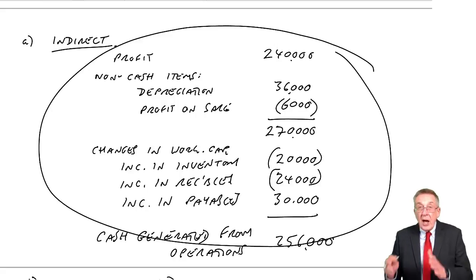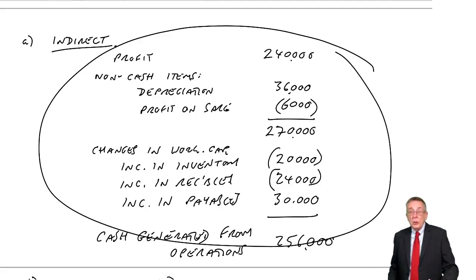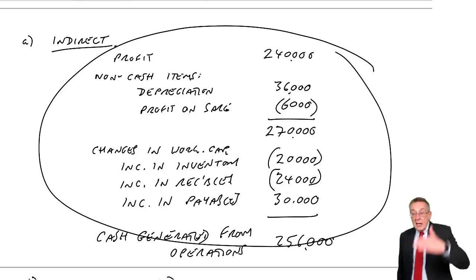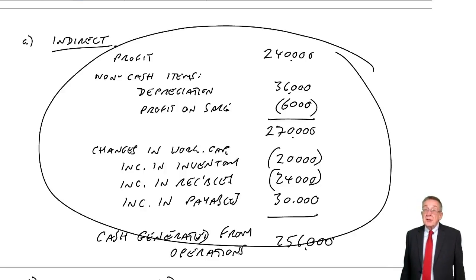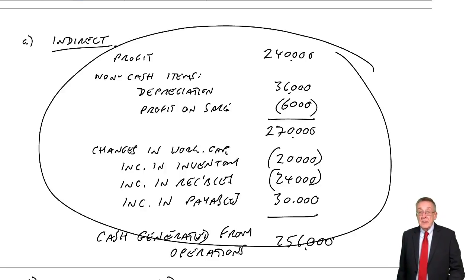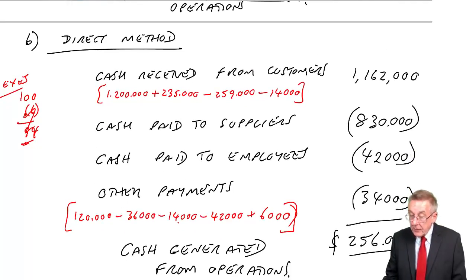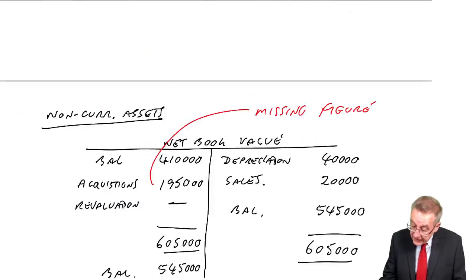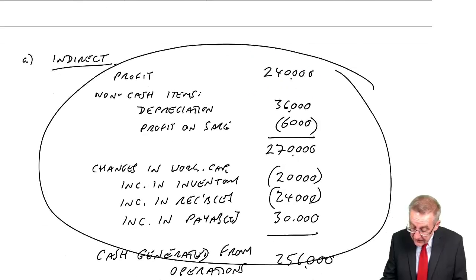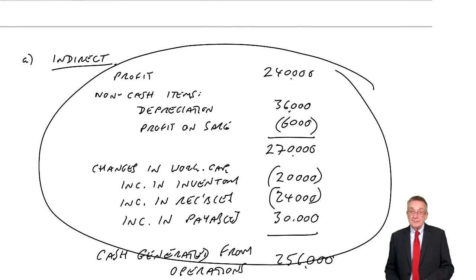So that will always have to be there, always. It'll either be the first bit of your statement of cash flows, or if we do our statement of cash flows that way, this must also appear as a note.